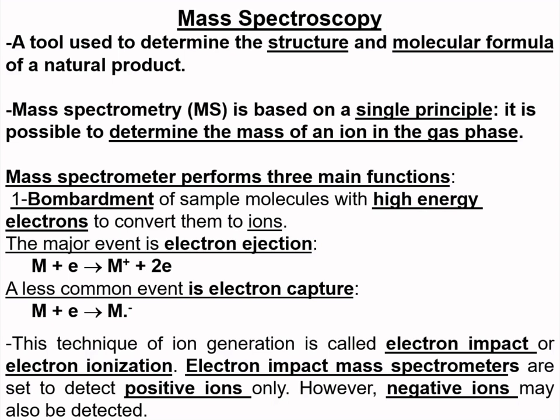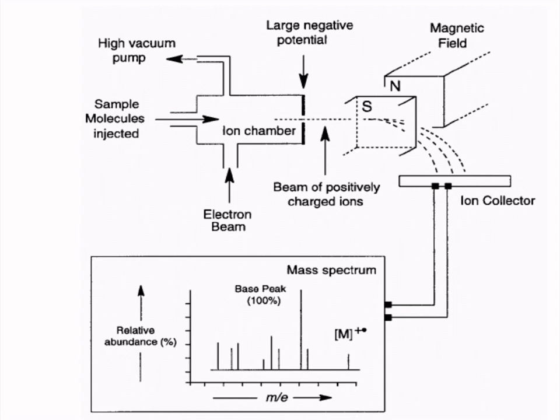This technique for ion generation is called electron impact or electron ionization. And we can here observe the formation of positive ions. The spectrum which results from this process records the positive ions formed, not the fragments or negative ions.